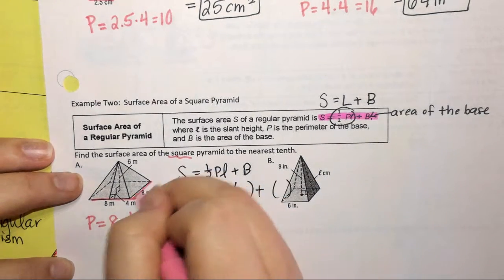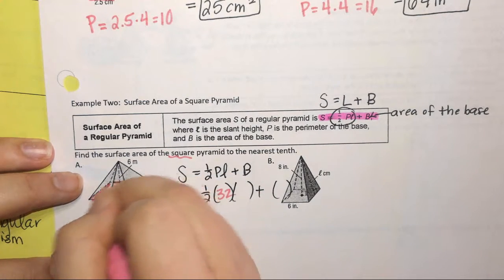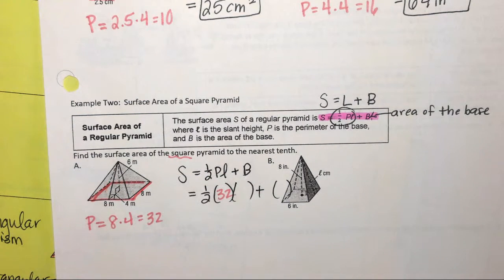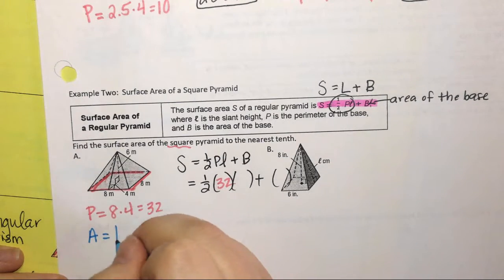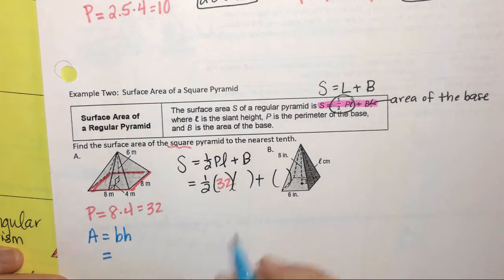Are there any questions about why my perimeter is 32? Okay, and then I also need to know the area of the base. Well, my base is a square, so it's going to be base times height. My base is 8.